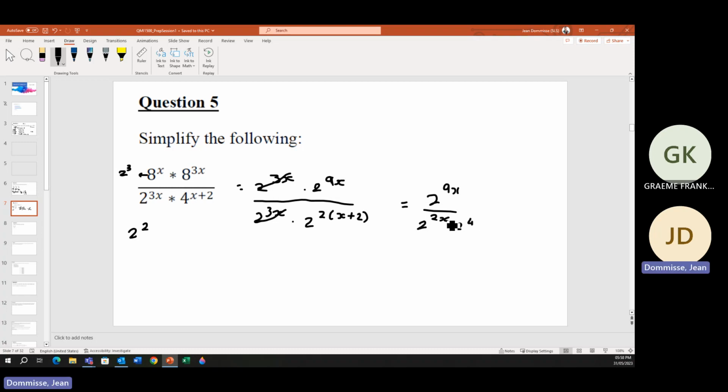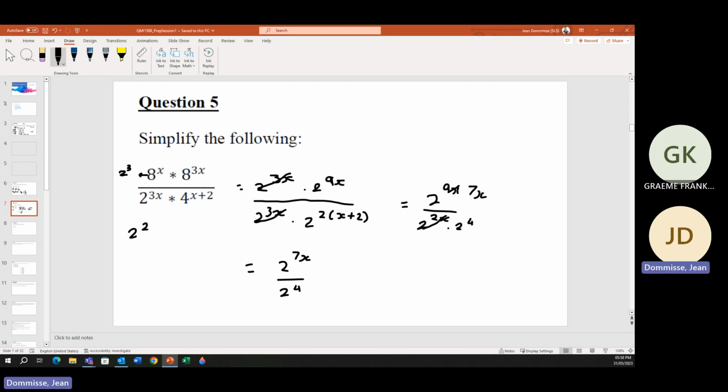And then I can cancel out 2 to the power of 2x. Then the top one will change from 9 minus 2, so the top one will become 7x, which then leaves me with 2 to the power of 7x divided by 2 to the power of 4.